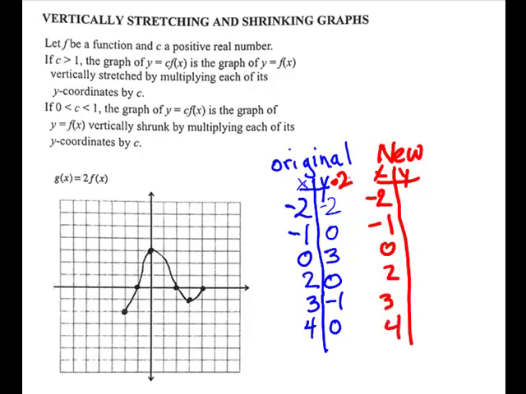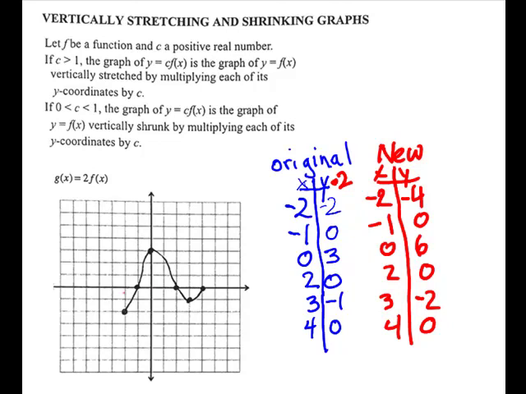All right, so I have 2 times -2, which will give me -4. 2 times 0 is 0. 2 times 3 is 6. 2 times 0 is 0. 2 times -1 is -2. 2 times 0 is 0. We'll make our new graph.